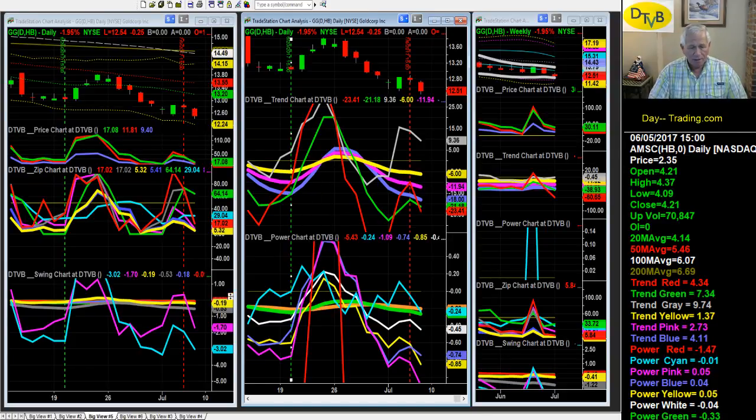We can see, oh, the other thing is in the red line example, with the swing pink on a low angle up and swing Zion on a low angle down.